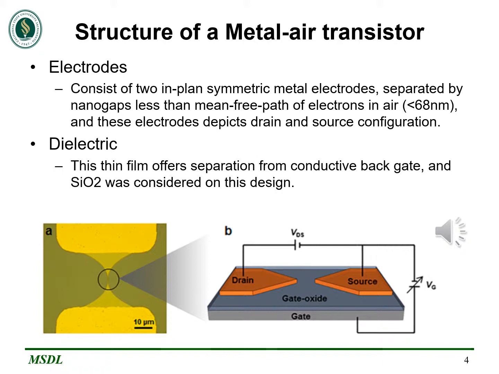Image B is a schematic illustration of the device structure with the biasing scheme. Tungsten, gold, and platinum of 50 nanometers thickness were the metals considered in this work. Dry thermal silicon dioxide was used as the dielectric on a highly conductive silicon backgate.